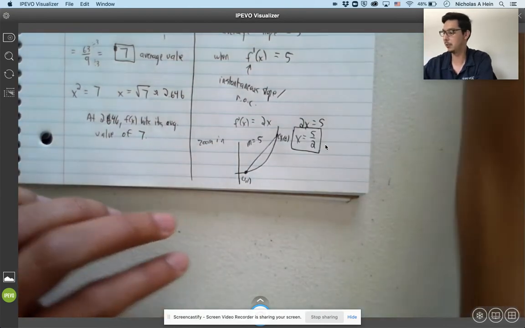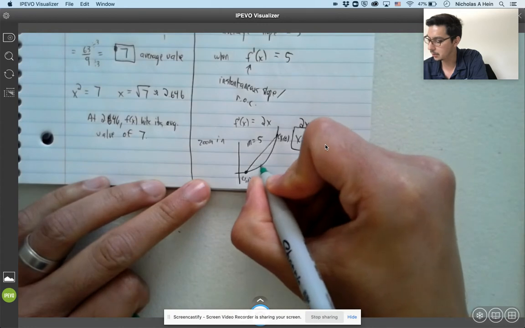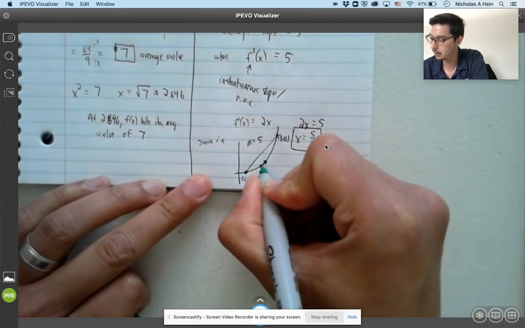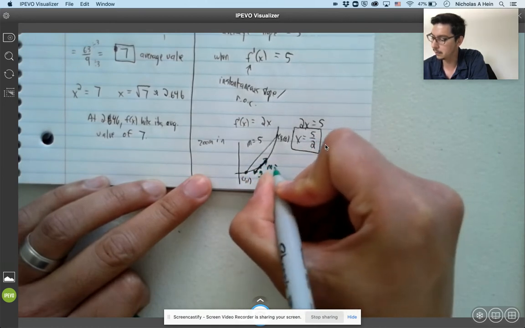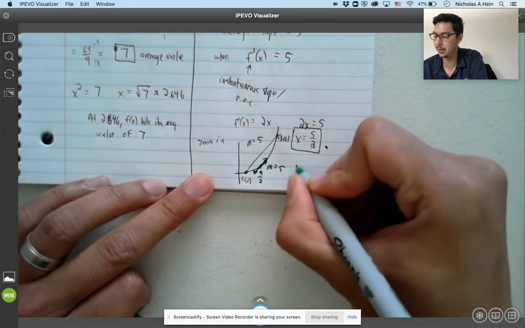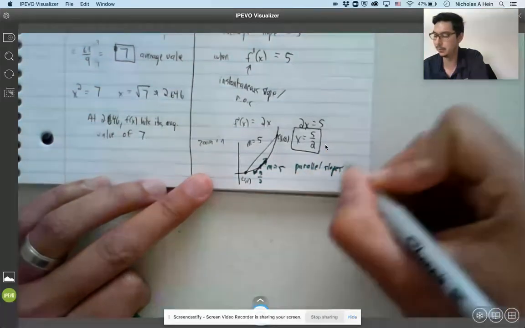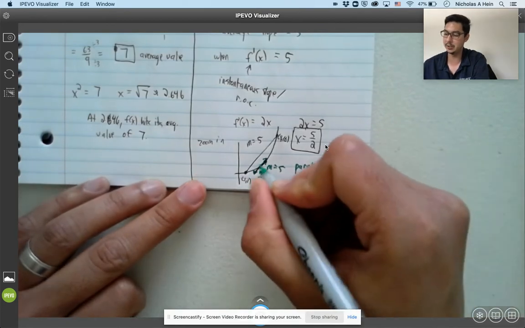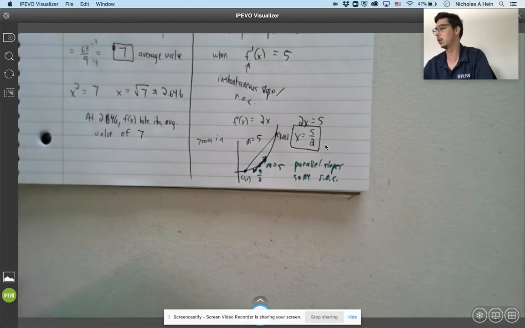And what we found is that at 5 halves, wherever that's at, say it's right here, what's the slope at that moment? The instantaneous rate of slope? Well, it's also 5. And notice that there are parallel slopes because they're the same rate of change. The instant rate of change is the same as the average rate of change. So that's how mean value theorem works.